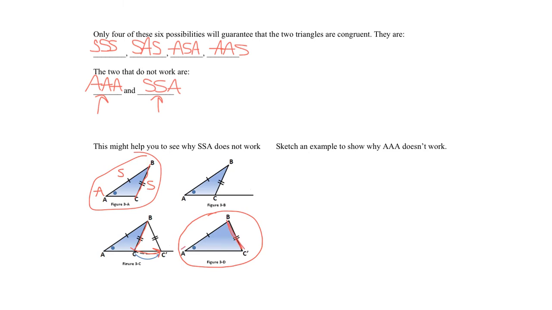I still have line segment AB. This is the same exact lengths as we had over here, AB and BC. I still have angle A, but it's a different triangle. These 2 triangles are not congruent, but yet they have those same 3 pairs of corresponding parts. They have the same set of side, side, angle, but the 2 triangles are not congruent. So because of that, that's why SSA doesn't work.